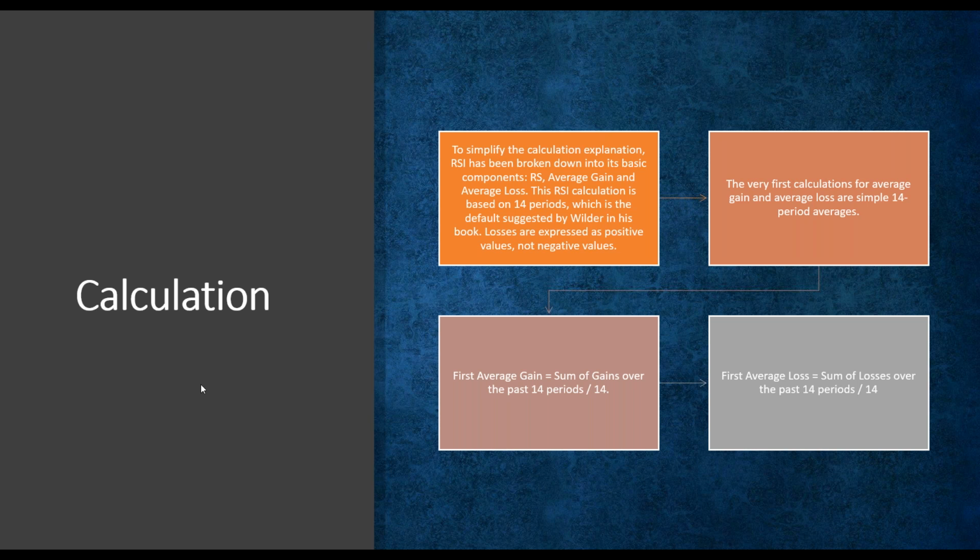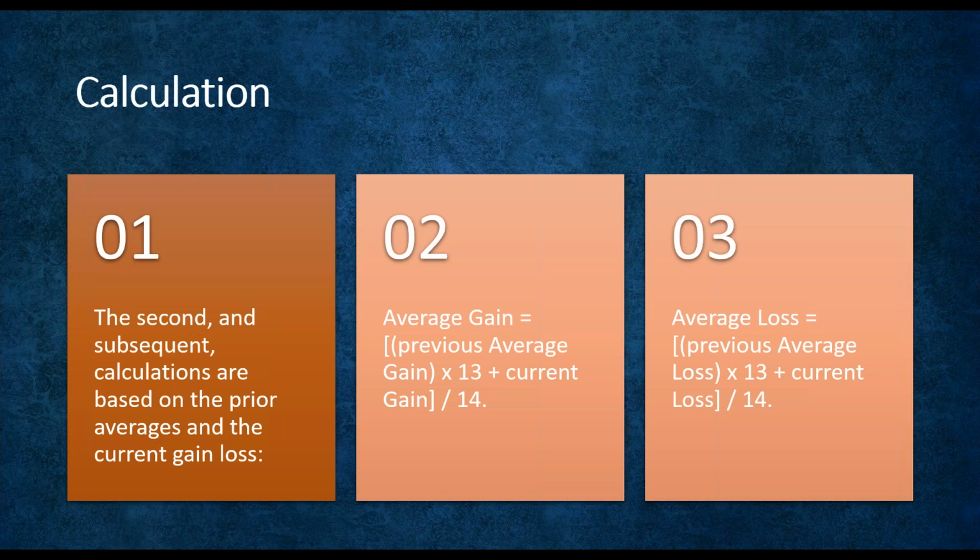The first average loss is equal to the sum of the losses over the past 14 days divided by 14. So if you had all down days, you might end up with 14 down additions. So if it fell 5 points one day, 2 points the next day, 3 points the next period. But this gives us RS.